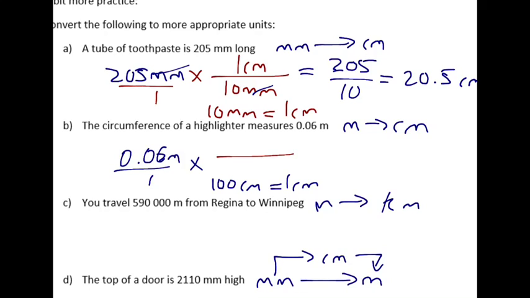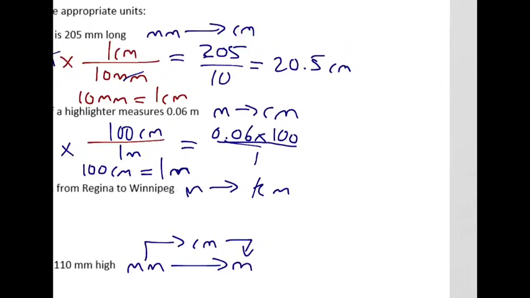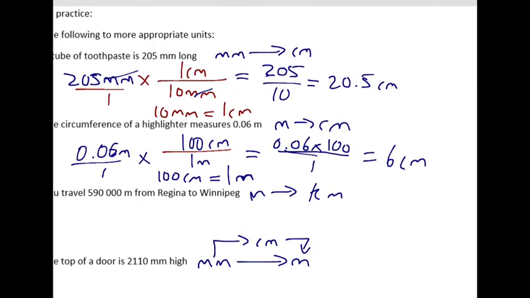I want to cancel the meters that's on the top right now. So 1 meter would be on the bottom. Good. 100 centimeters on top. Excellent. Multiply the stuff on the top, stuff on the bottom, which is just going to be 1. And that gives me how much? Just 6 centimeters. Does that make sense? Highlighter circumference is 6 centimeters, the distance around.